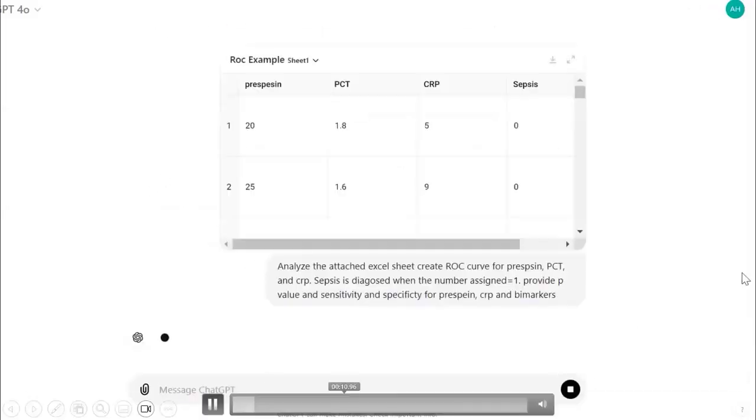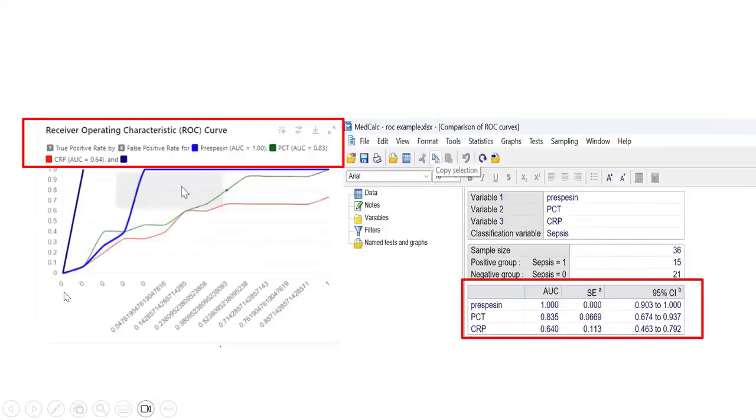And when I repeated this result in statistical software like MedCalc, looking at the receiver operating curve calculated by ChatGPT, the presepsin is 1, the area under the curve for PCT is 0.3, and for CRP is 0.64. And when I entered the same data in MedCalc, it gave me the same area under the curve for the three biomarkers.